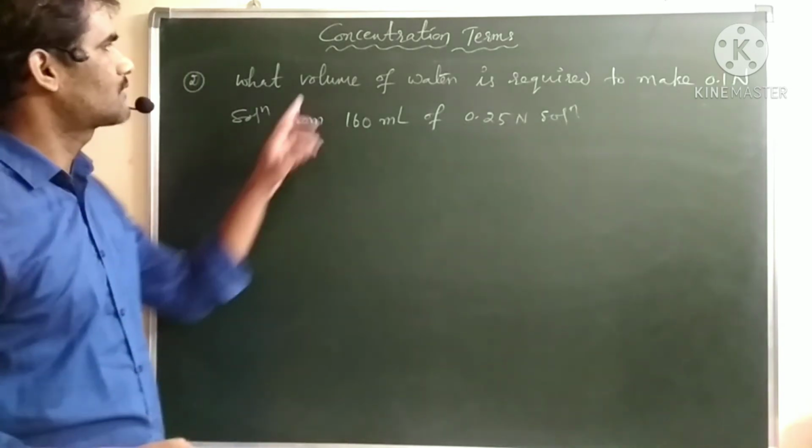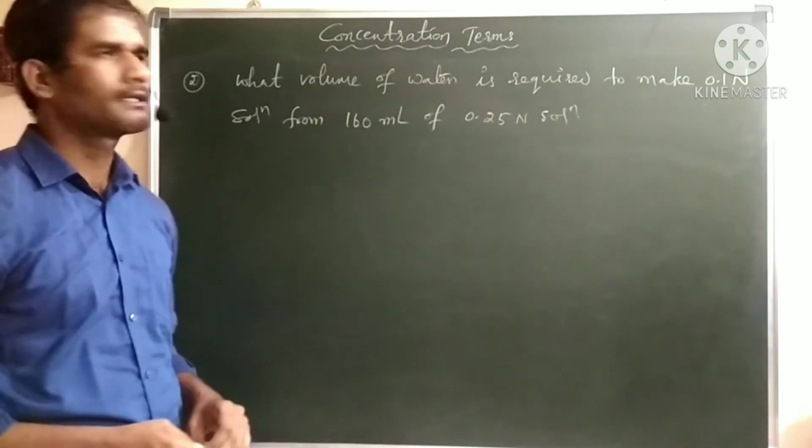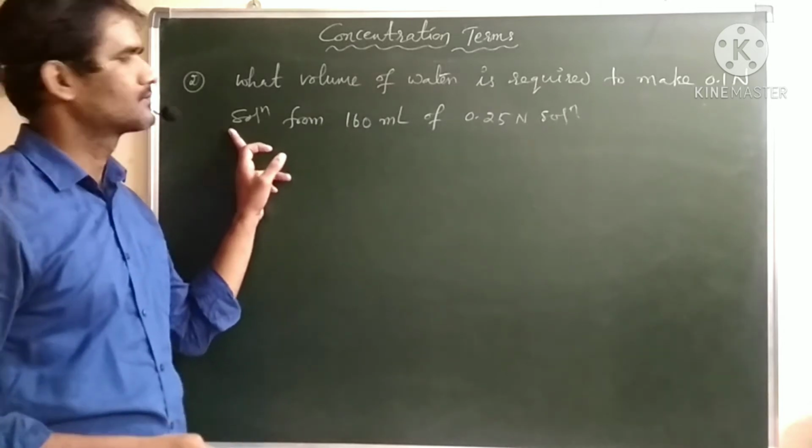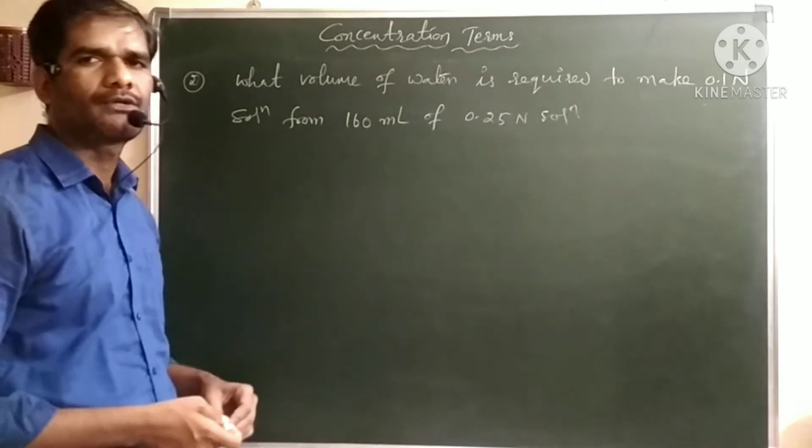The question here is, what volume of water is required to make 0.1 normal solution from 160 ml of 0.25 normal solution.